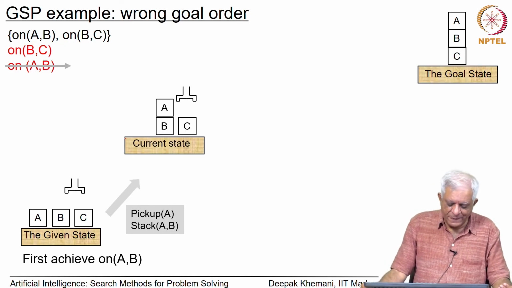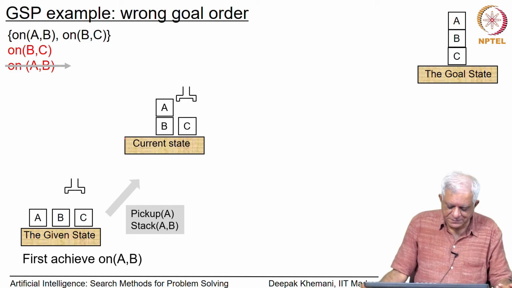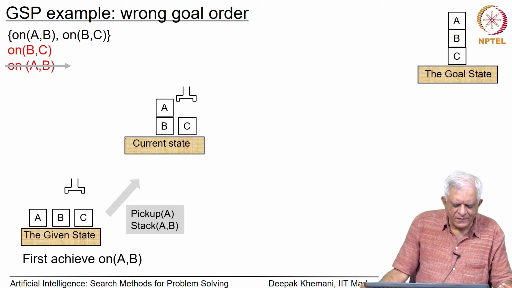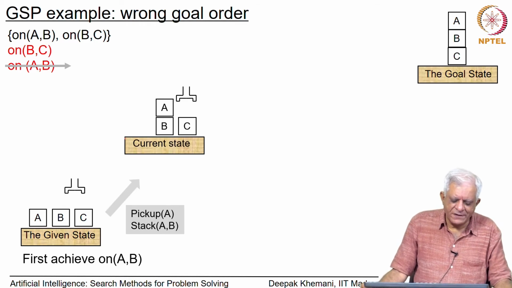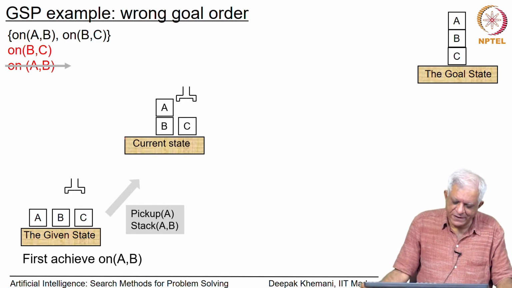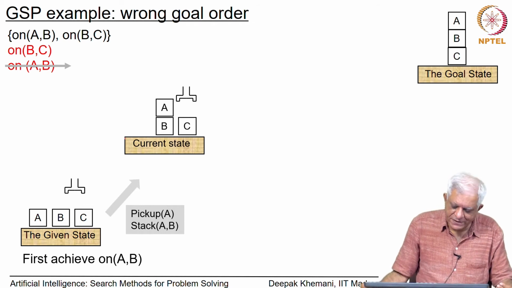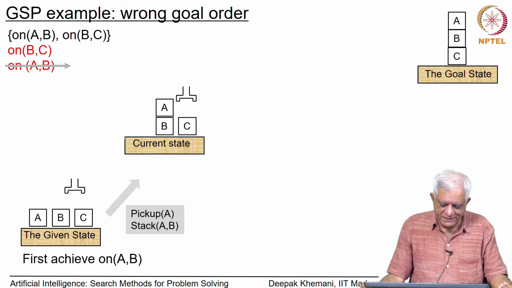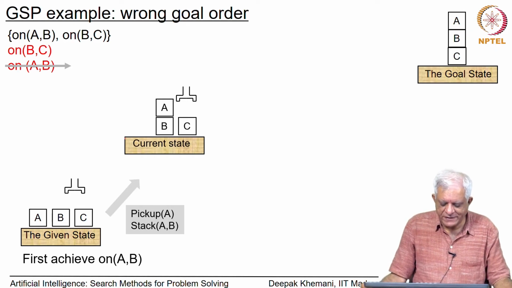First you pick up A and then you stack A on B, and I will strongly encourage you to work this out yourself. When you pop this goal on A B, you would push in the action stack A onto B, but for stacking A onto B you would need holding A, and for holding A you would have to push the action pick up A, and pick up A would be applicable in the given state. So, that will be the first action and stack A onto B would be the next action, and this is the world that you would reach.